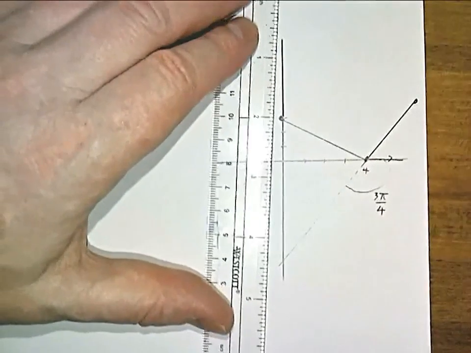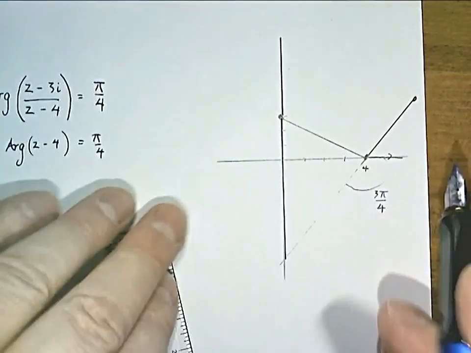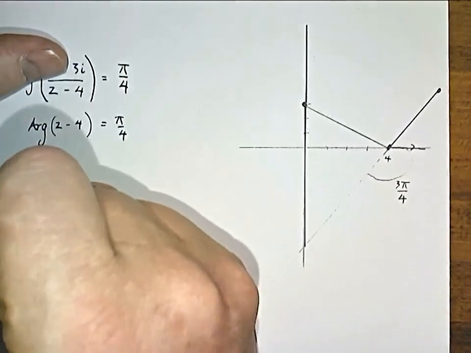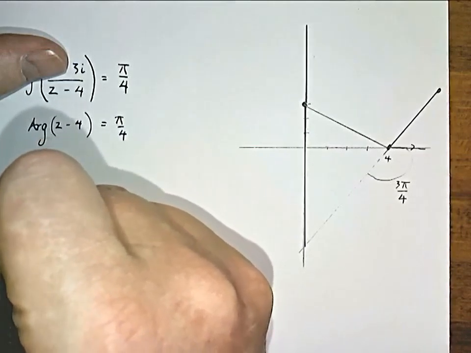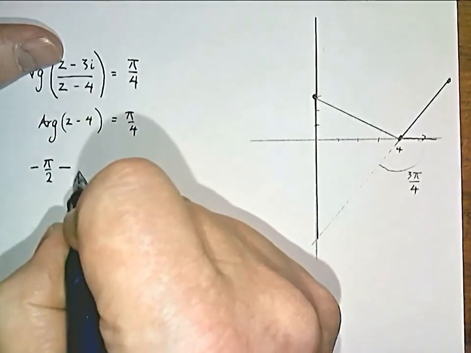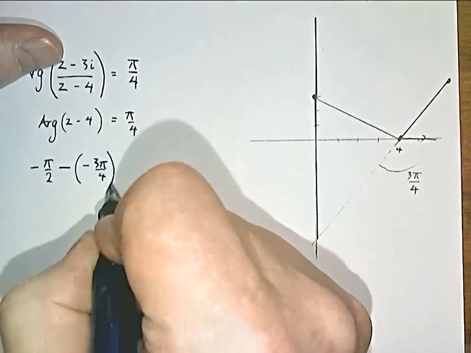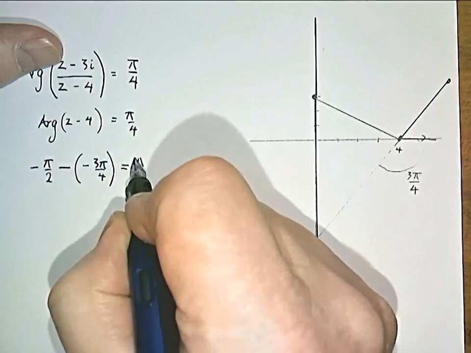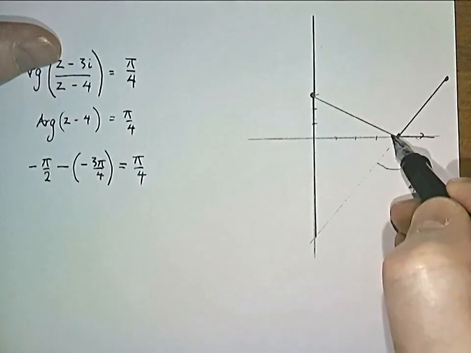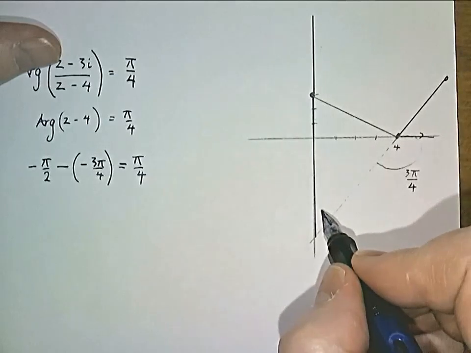The half line is going to have to come downwards. That's going to be argument of (z minus 3i), take away minus 3 pi over 4, and that does indeed give us pi over 4 as required. So we know that this time the arc is going to be coming round in this direction. There we are, that's pi over 4.